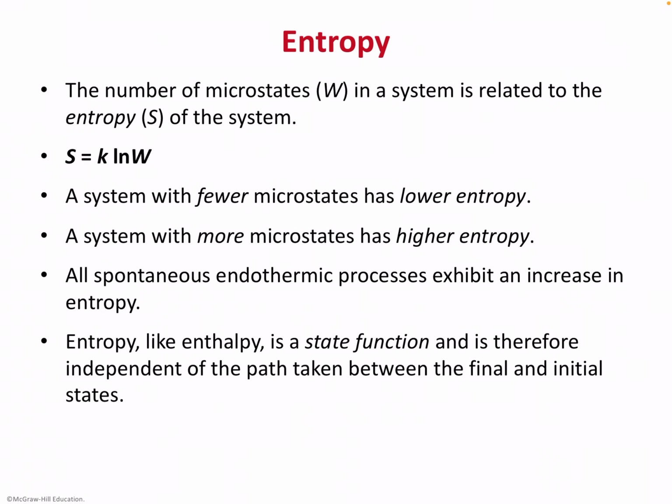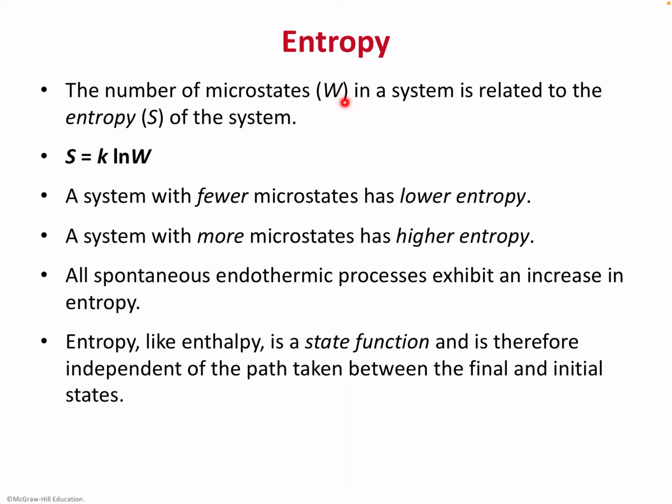Okay, now the entropy. So we can correlate this entropy to the microstates. The number of microstates, let's give the W symbol, the number of microstates in a system is related to the entropy of the system.